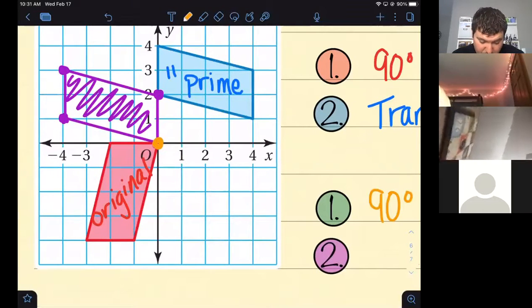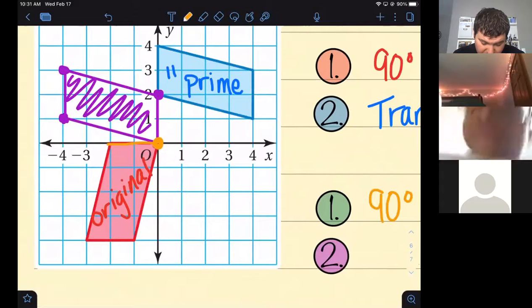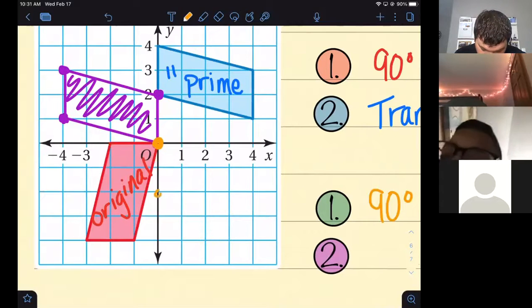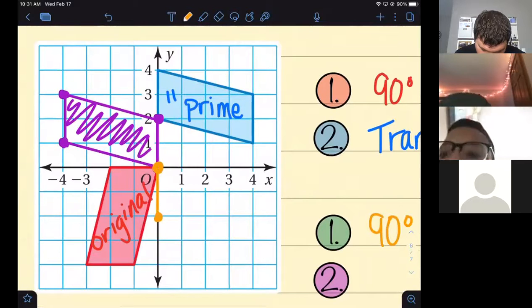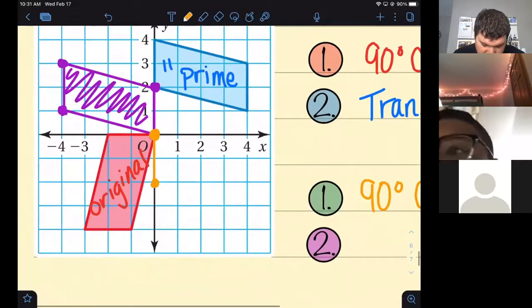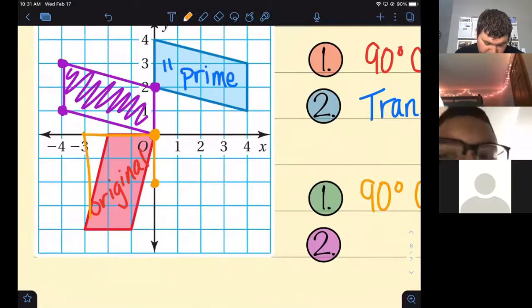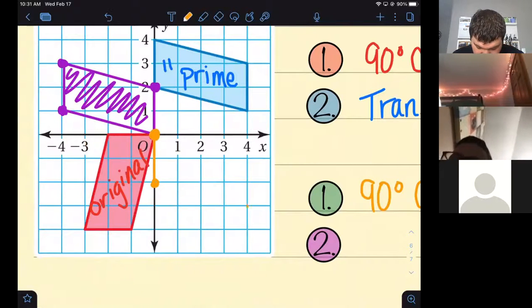Instead of going 2 units to the left, we're going to go 2 units down. Instead of going 3 units left and 4 down, we're going to go 3 down and 4 right.